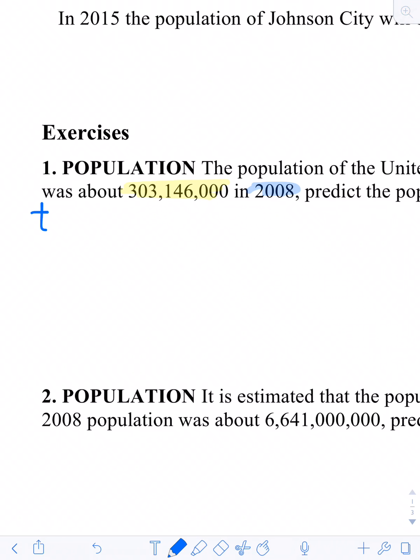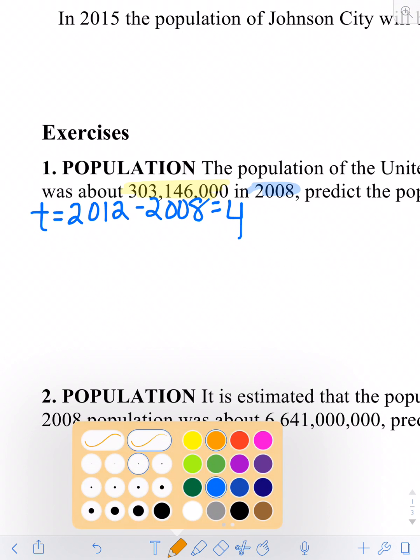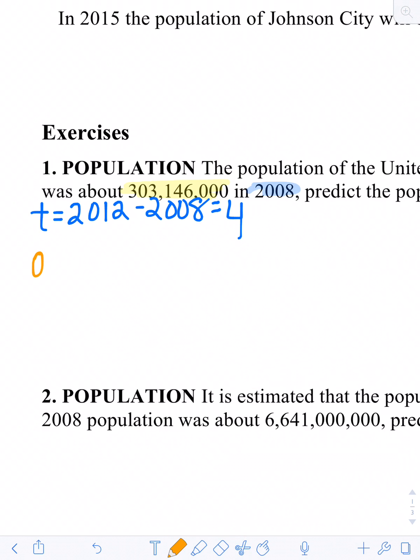So my time is going to be equal to the difference in the years. So I have 2012 minus 2008, which gives me 4 years. So my time is 4. The other thing that I have, I'm going to use orange here so it looks a little bit better than yellow, is my A, which is my initial amount. So that's 303,146,000.